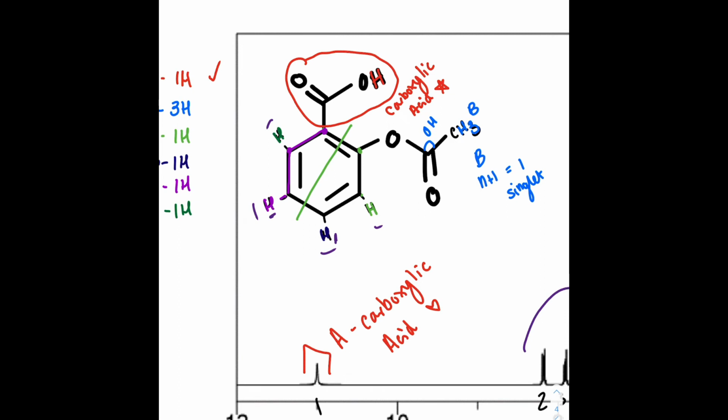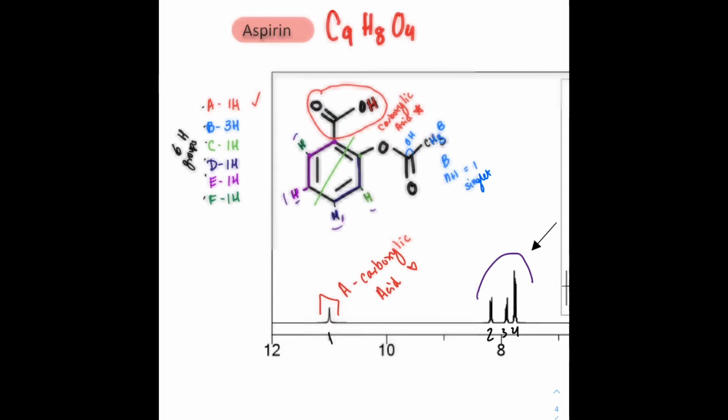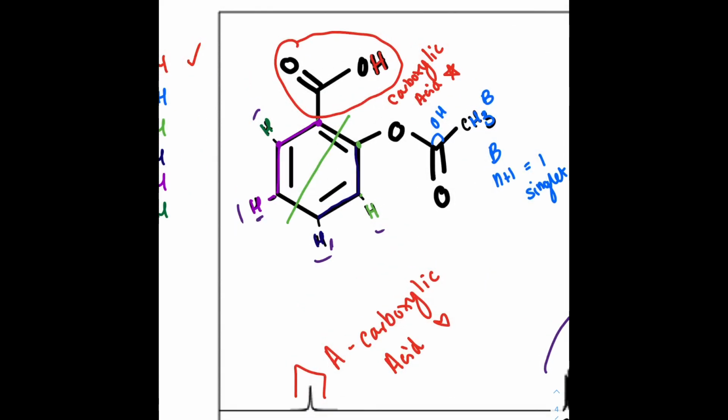Then on this side, we have our hydrogen, which is attached to this carbon, then this carbon, then this ketone. So these are super, super similar. So these 2 hydrogens are going to have peaks that are super close together.